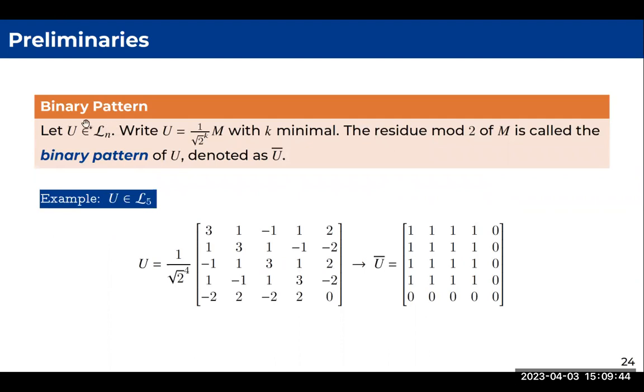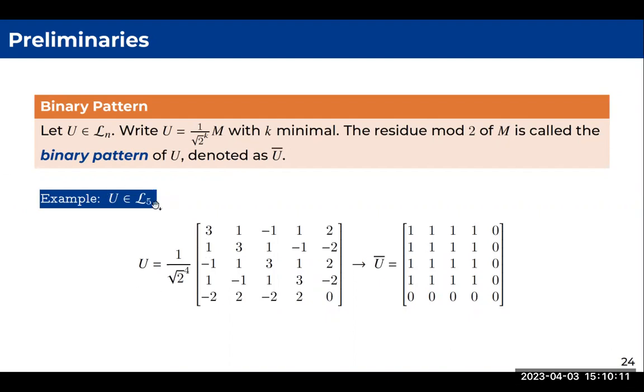Firstly, it's called the binary pattern. It means if you're looking at the scaled orthogonal scaled dyadic matrix and factor out 1/√2 to the power of the LDE, then you'll have an integral matrix, but we're not done there. We look at its entries modulo 2. Basically, we're just looking at the parities, whether it's even or odd. If it's even, it's 0. If it's odd, it's 1.